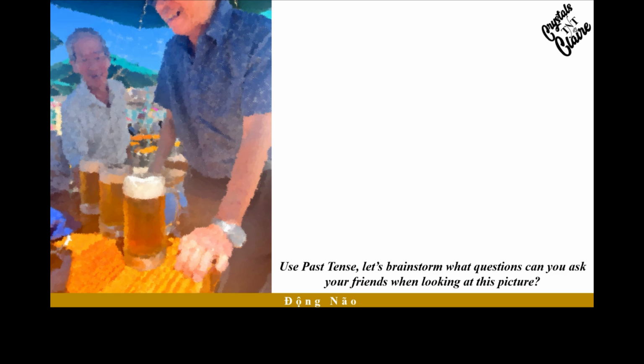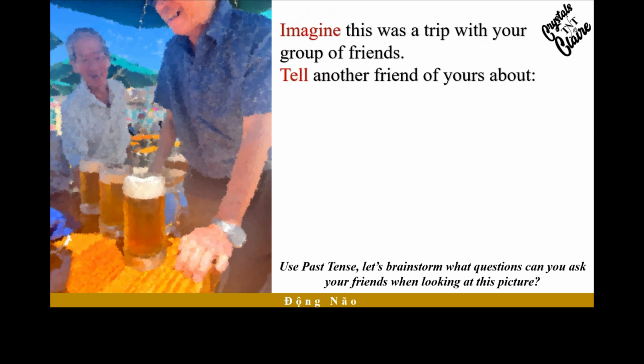Where are they? Okay. Is the weather nice? And are they all young people? Like that. Okay. Just ask some questions. Any questions that you can think out. What color can you see in this picture? Is the man in the blue shirt wearing a watch?